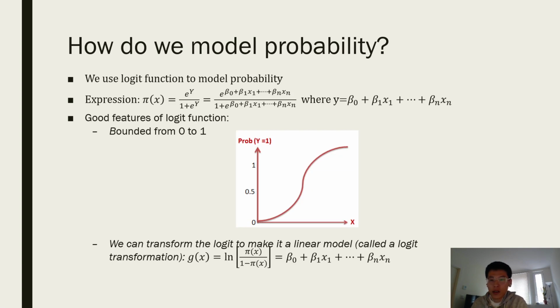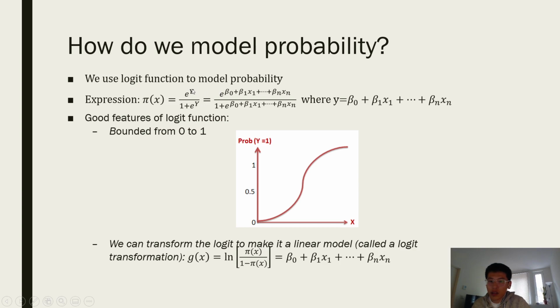Okay, so how do we model the probability? As we said, it's a set of predictors predicting the probability, right? So actually, we're just using a logit function to model probability. A logit function looks something like this: e to the y divided by 1 plus e to the y, which will return a probability for us.